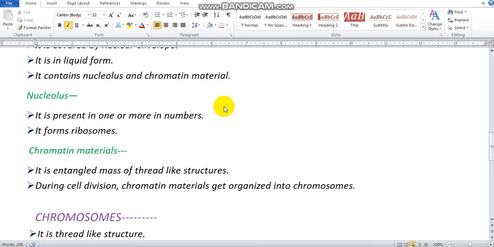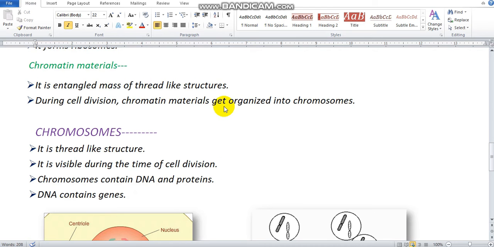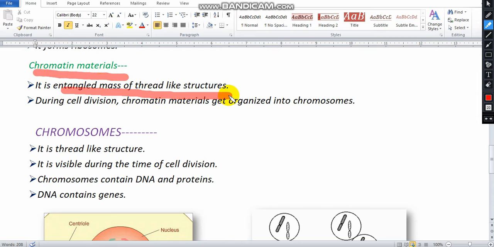So let's see the next component of nucleoplasm, which is chromatin material. Chromatin material is an entangled mass of thread-like structures. We discussed that it is a thread-like structure, right?